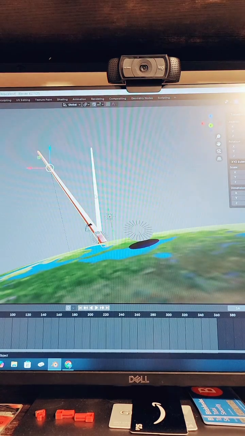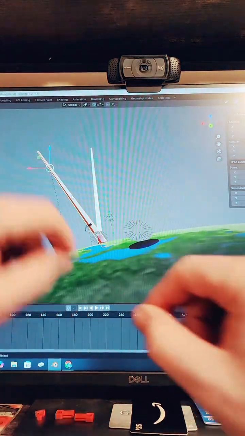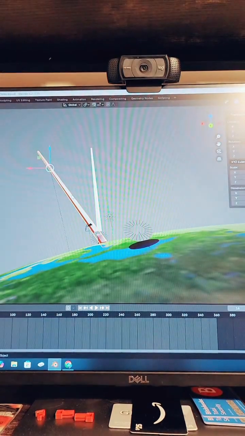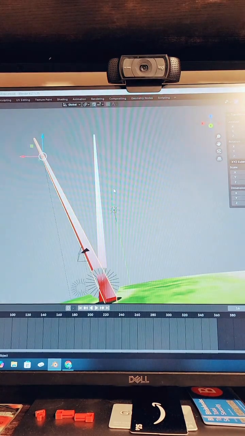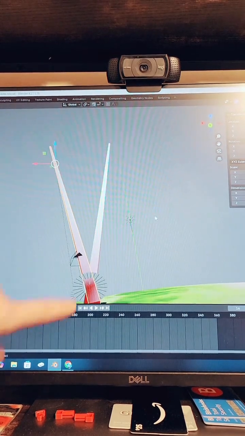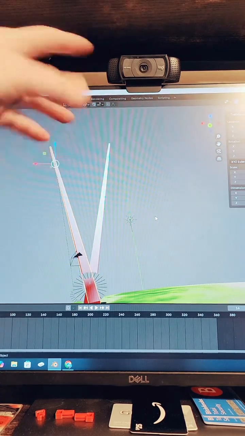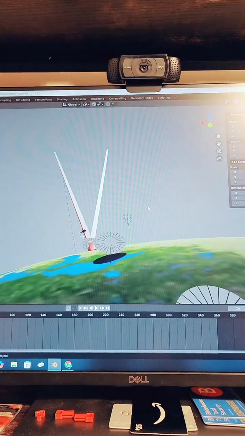Now, these bars that I'm using, the lengths are equal on both of these observations that we're doing. So when you look at this, this is a 15 degree angle.